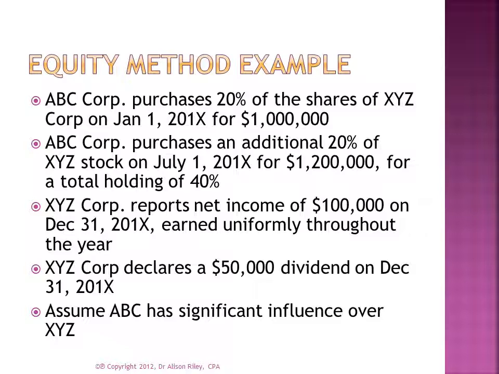Assume also that XYZ Corp reports net income of $100,000 on December 31st 10x, earned uniformly throughout the year, and assume that XYZ Corp declares a $50,000 dividend on December 31st 10x. The following discussion assumes that ABC Corporation is able to command significant influence over XYZ Corp.